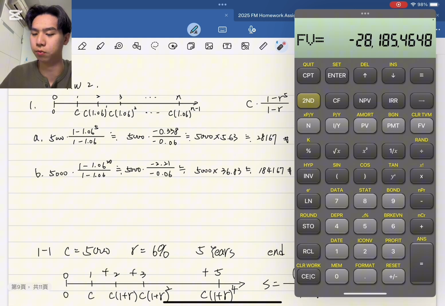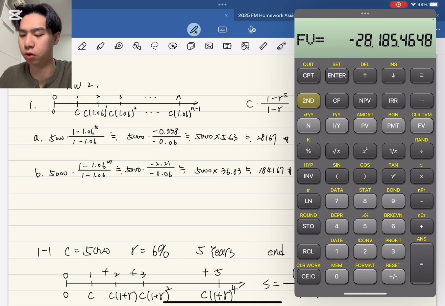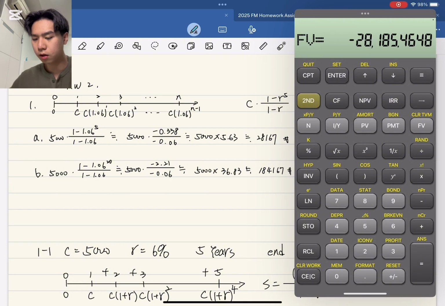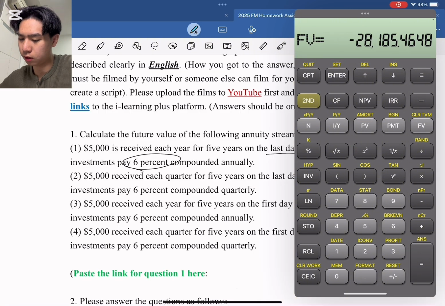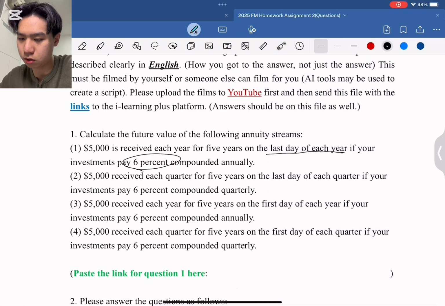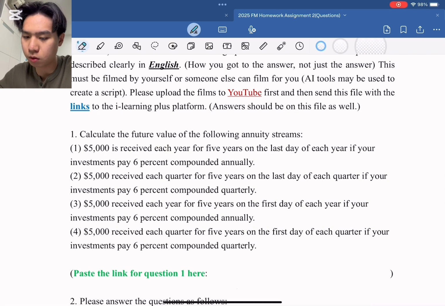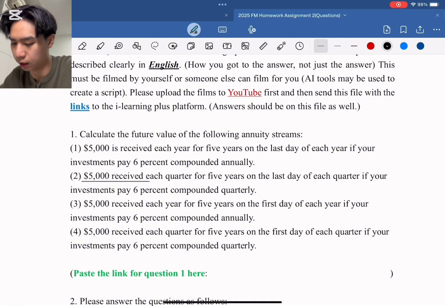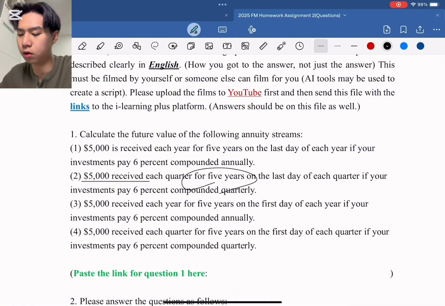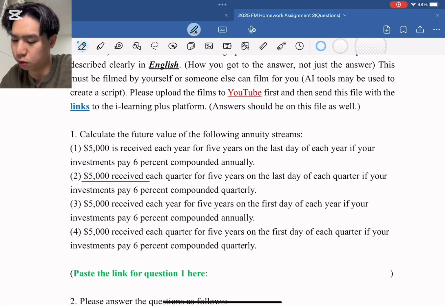And now we get into question number 2. In the next question, we have this information. We can receive 5,000 for 5 years, but this time we receive the money quarterly.